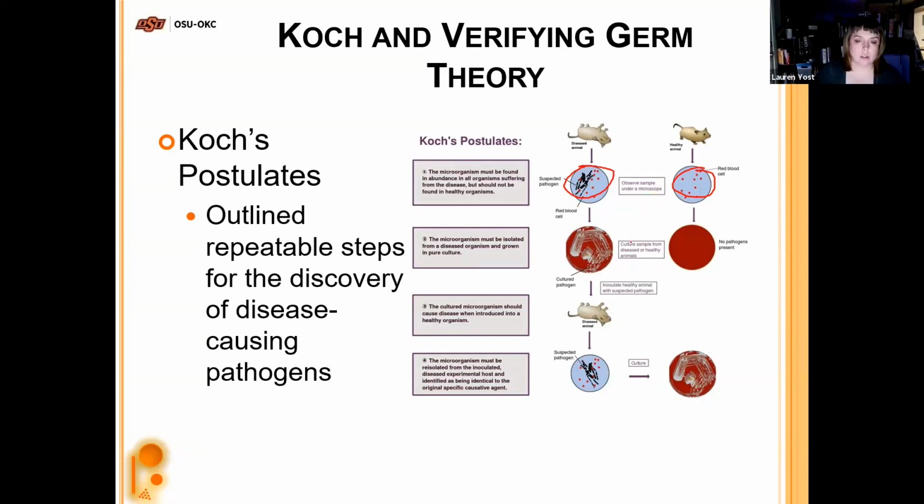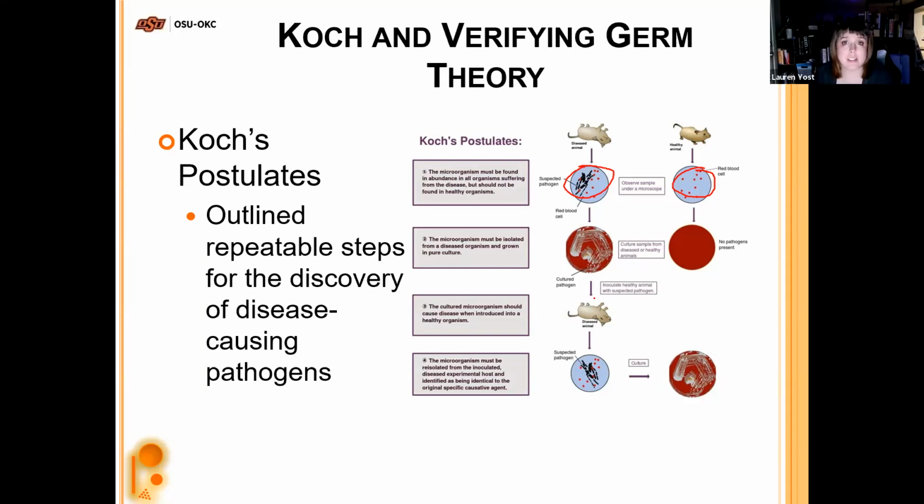And this is a whole series of steps. Culture it, meaning we're going to grow up the bacteria so that we have enough to work with for our studies. Basically, we isolate it to where we know we have just that pathogen and not a mixture of things. If I swab your throat, you have more than one bacteria in there. I'm just saying. So we can isolate it and then inoculate, or put that organism, into a healthy organism.